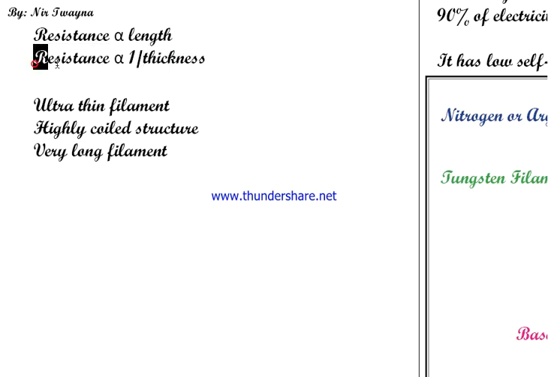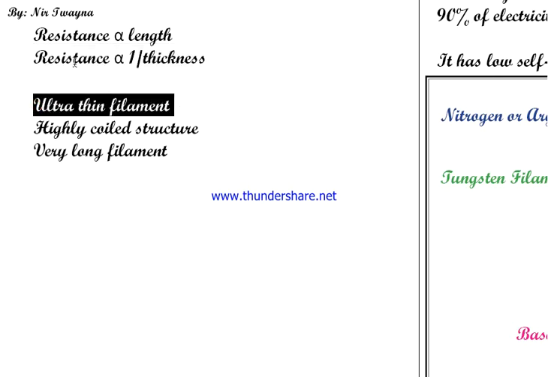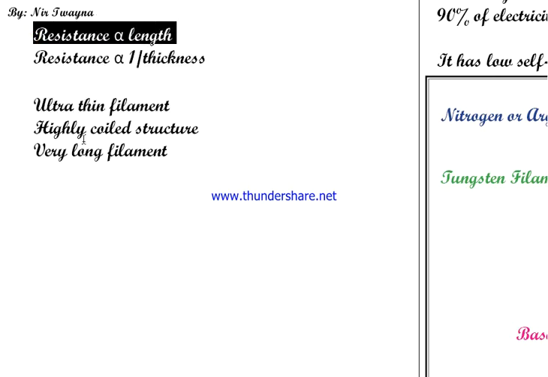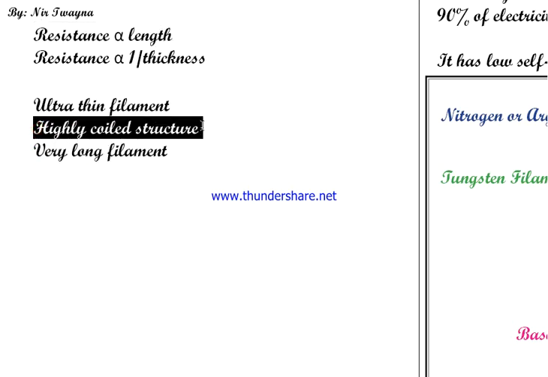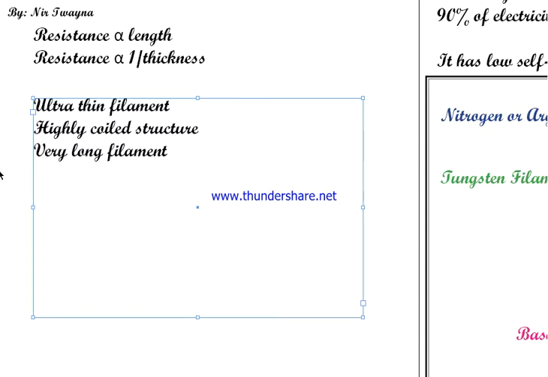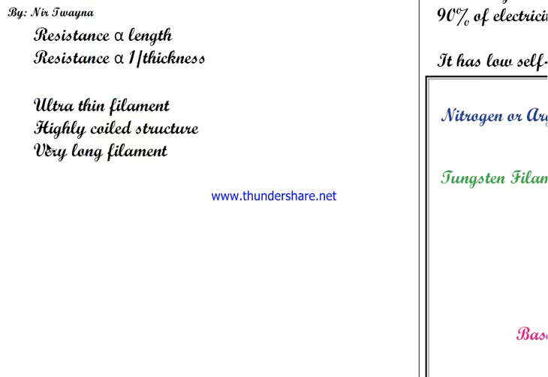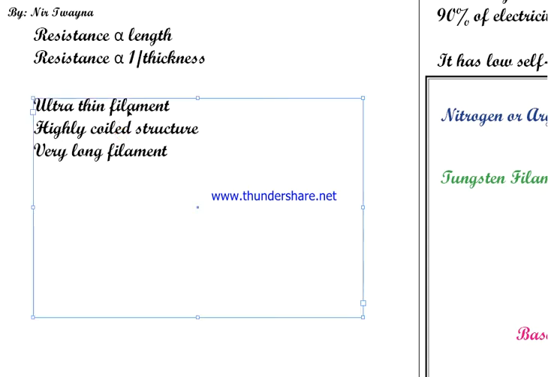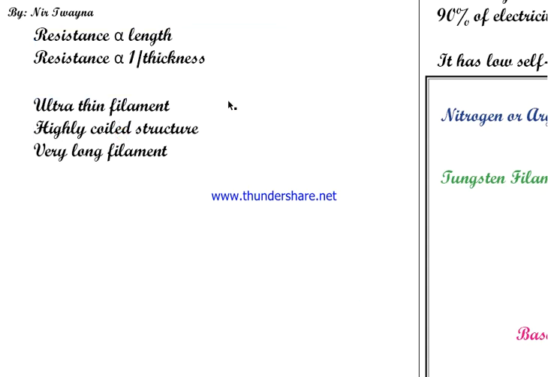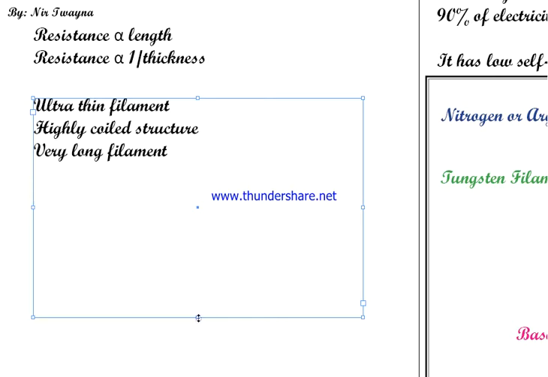For this reason, the filament is made ultra thin, and for this reason a very long filament is used, which is highly coiled. Any confusion? Moreover, the coiling structure itself also increases resistance.